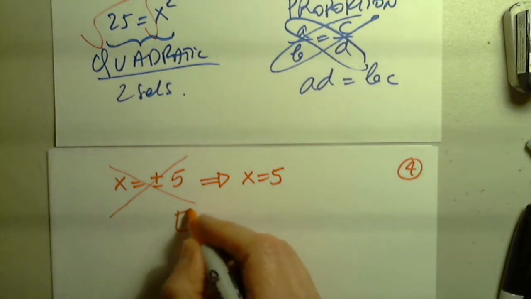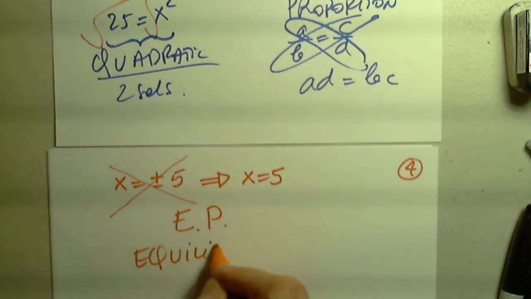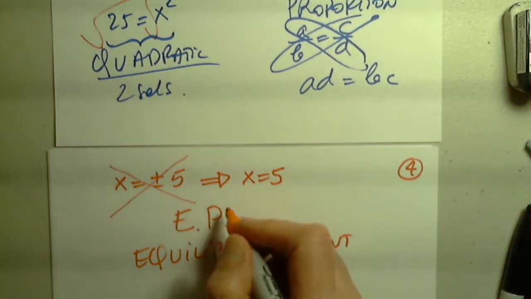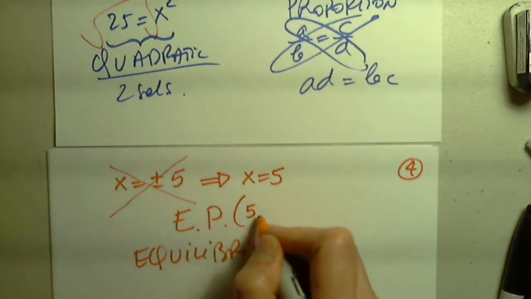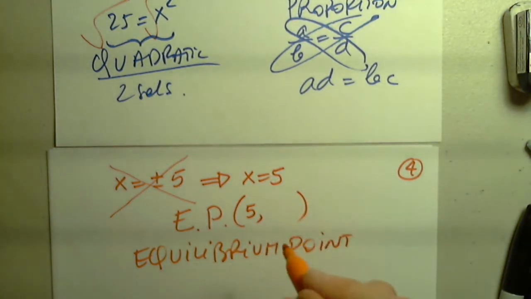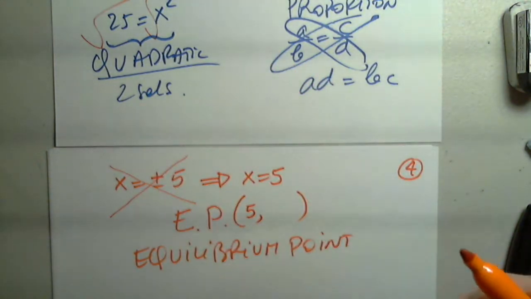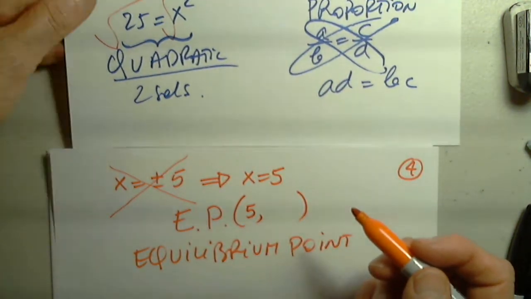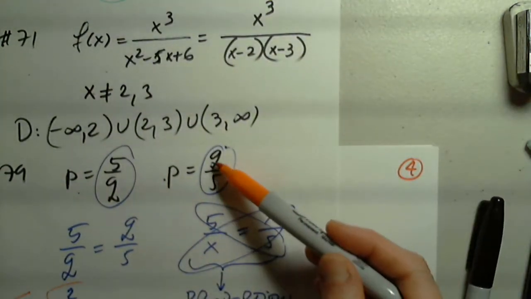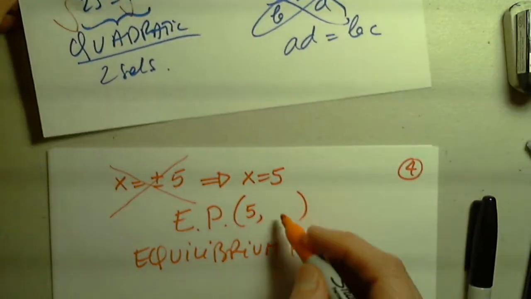In order to find the equilibrium point, we already have x, but we have to find the price. Plug into any of the two functions, either demand or supply. It doesn't matter. So the equilibrium point, when I plug in 5 for Q or X, what do I get for the price? 1.